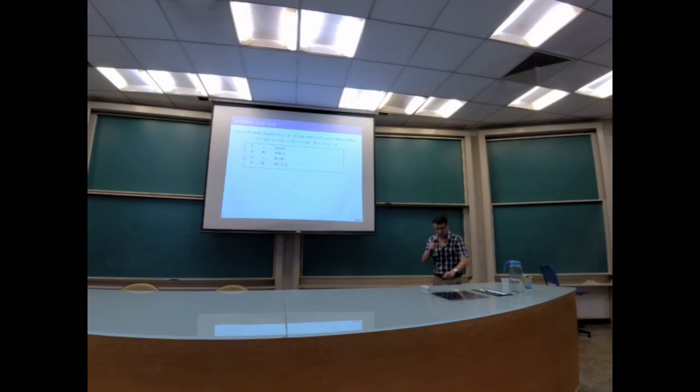A1 is eliminated. Next, we can derive another tuple, A3, by an axiom. So this is the situation now. We have A3. Once we have A3, A3 can attack A2.